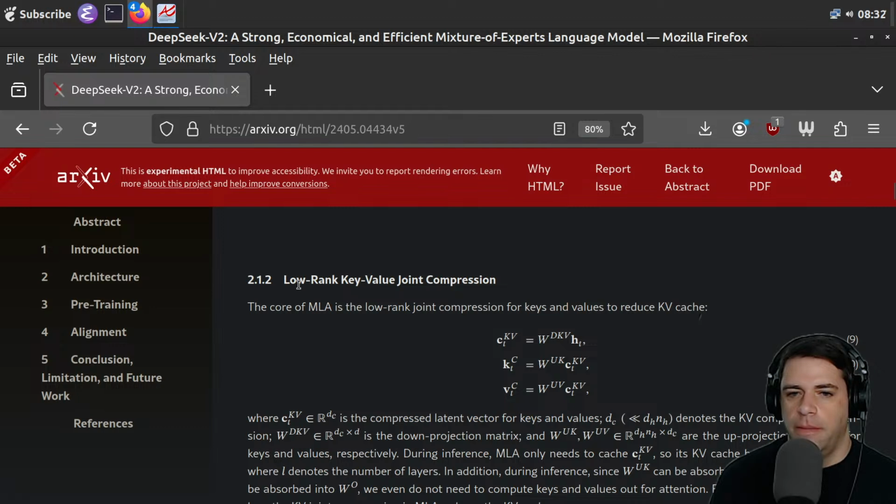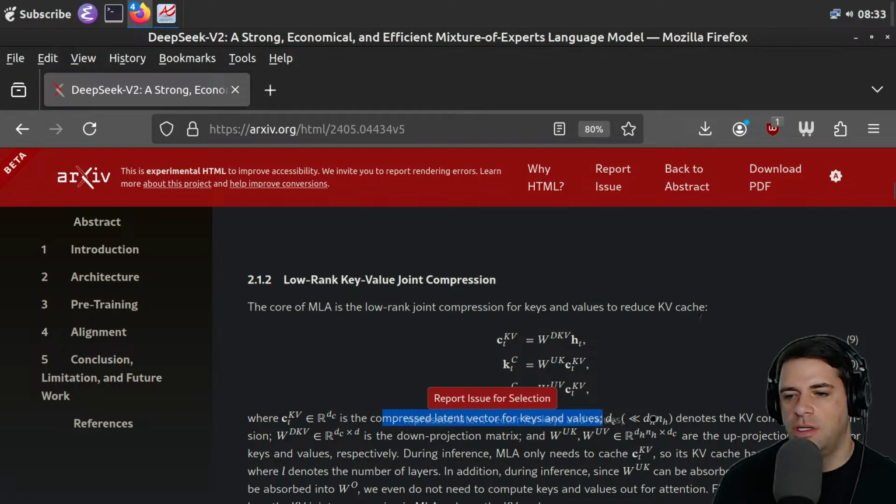They talk about this here. Low rank key value joint compression. They say that C sub t superscript KV in R^(d_c), this is just the dimension of the vector space. So this thing here, c_t^KV, is the compressed latent vector for keys and values.